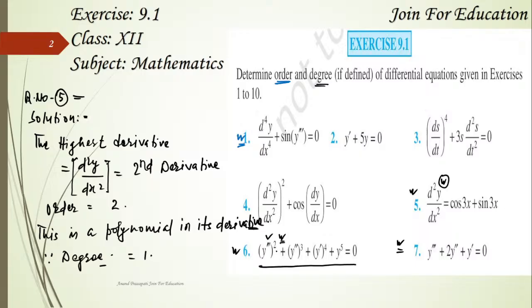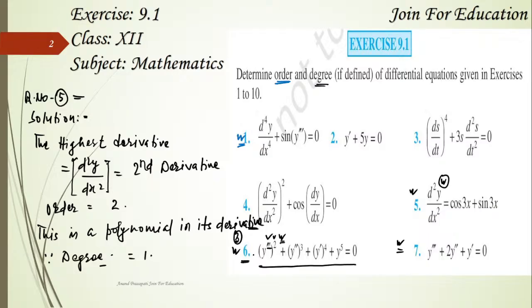This differential equation is a polynomial in its derivative, so it is defined for degree. So the order will be 3 and degree will be 2. Hope there is no problem to understand the solution of question number 6.